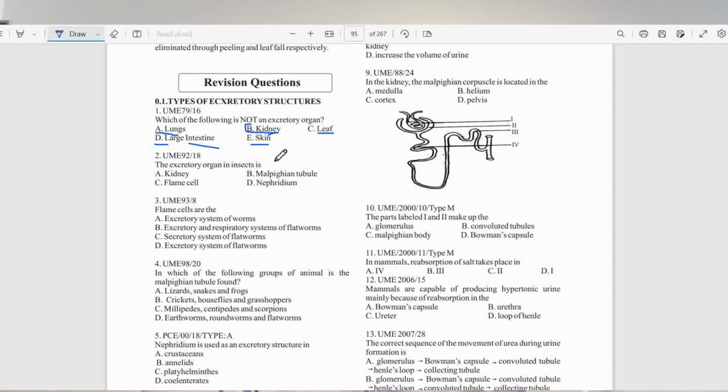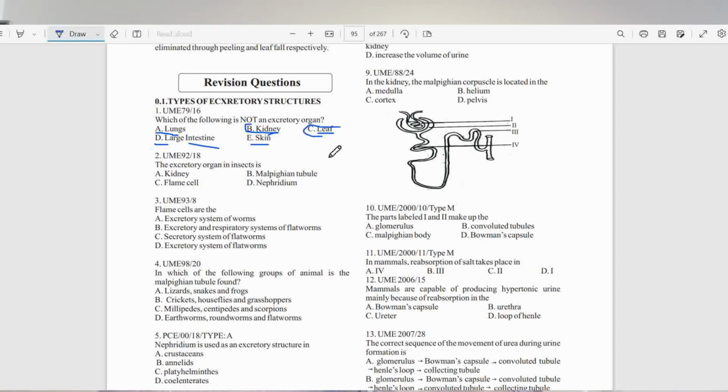Now, for plants, the question is a bit tricky. Unlike animals, plants do not have specialized organs for excretion. So instead, they have different mechanisms by which potentially harmful waste products are either recycled or excreted. So if you are looking at that rationale, the liver would not be an excretory organ.